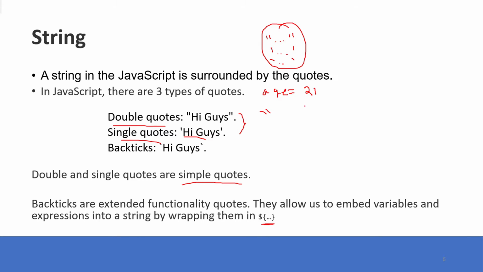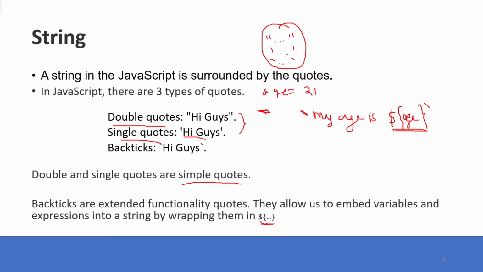For that, below the escape button, the backticks are available. You need to press this one first backtick and write my age is. Then you need to write this special syntax, dollar sign in curly braces. You need to write the variable age, and then close the backtick.